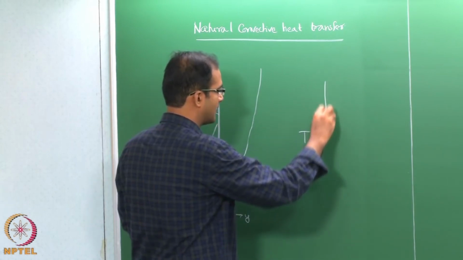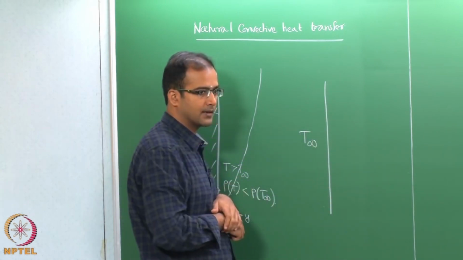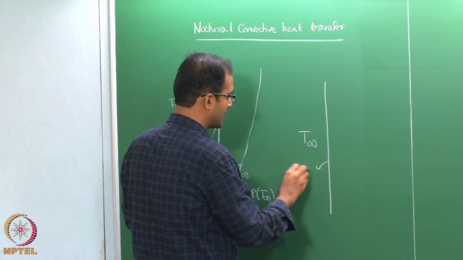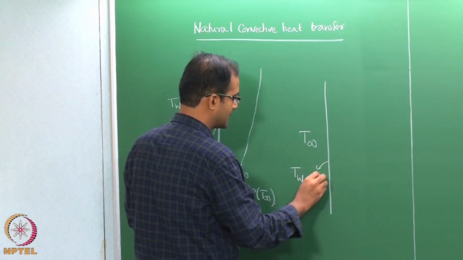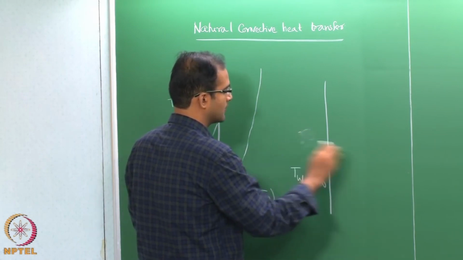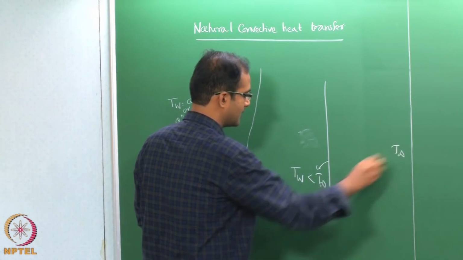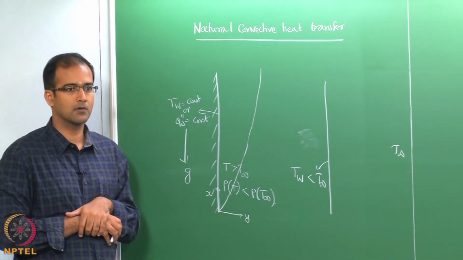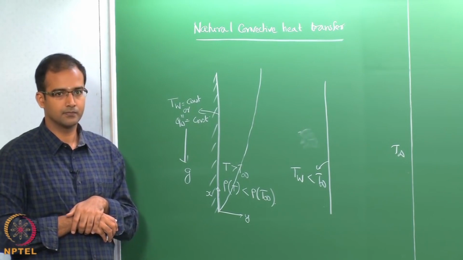That means, you can have a cold plate and you can have heated air. Suppose you have a plate where your T wall is less than T infinity. So, your T infinity is somewhere here and T wall is less than T infinity. What will be the direction of the boundary layer growth in this case?